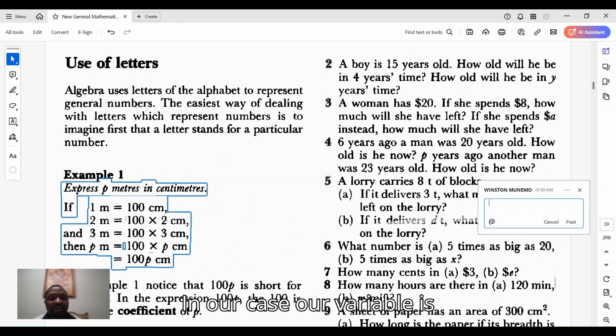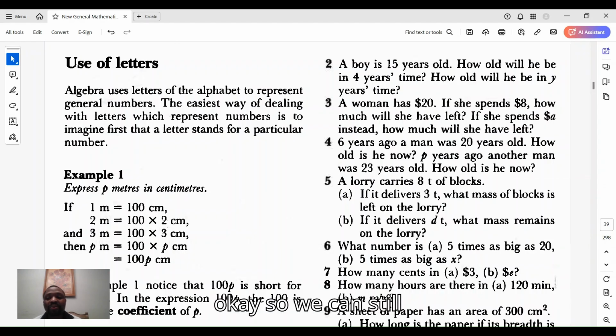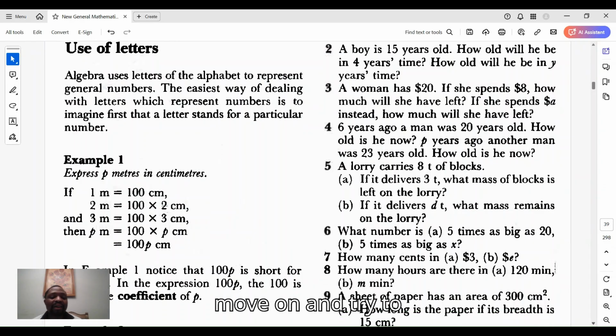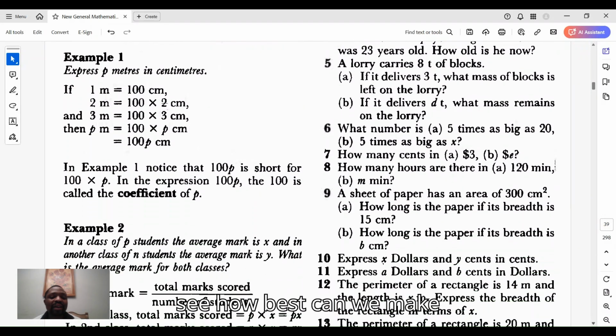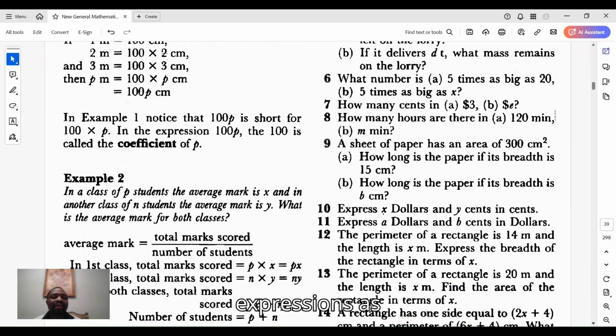In our case, our variable is the centimeters, which is represented by the letter p. So that is what we understand in our first example. Now we can move on and see how best we can make expressions as algebra expressions.